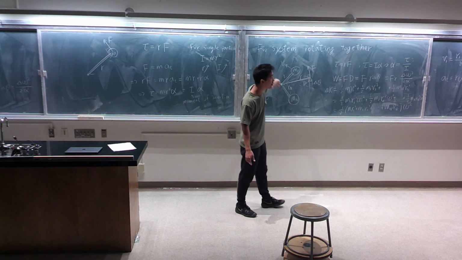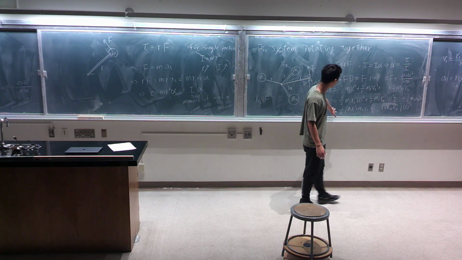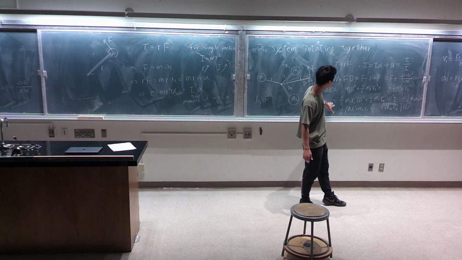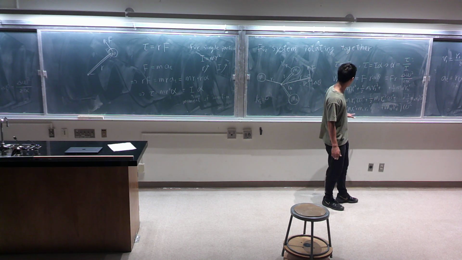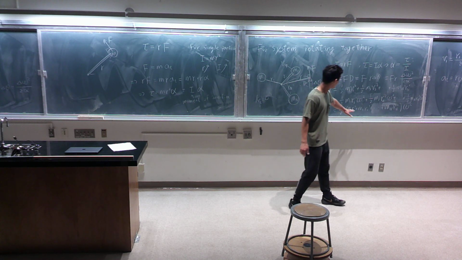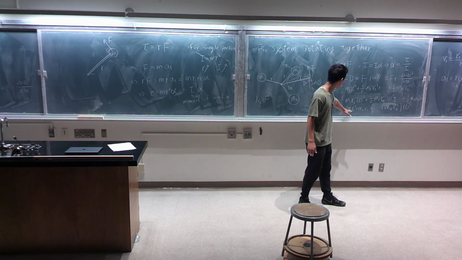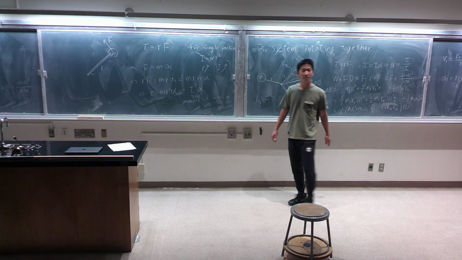But the angular velocity is the same. So we can express the kinetic energy with the same angular velocity. But to do that, you need to convert everything into mass times distance squared.